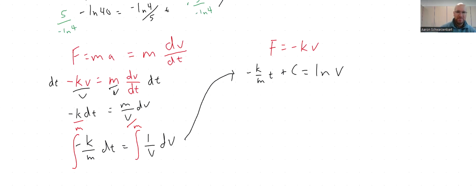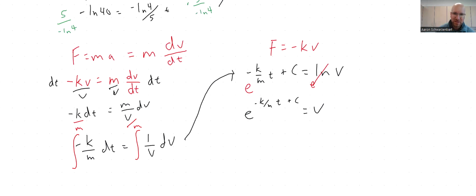I will raise both sides to the power of e, which will get rid of my ln, because ultimately I want v equals, not ln v. e to the negative k over m t plus c.